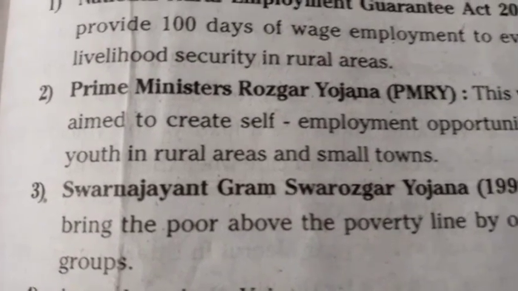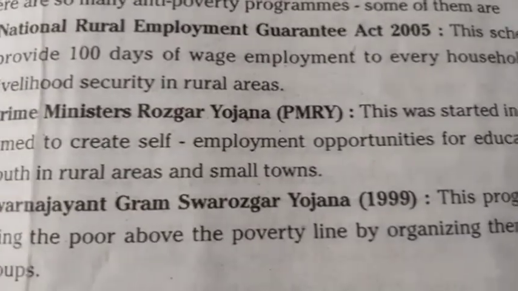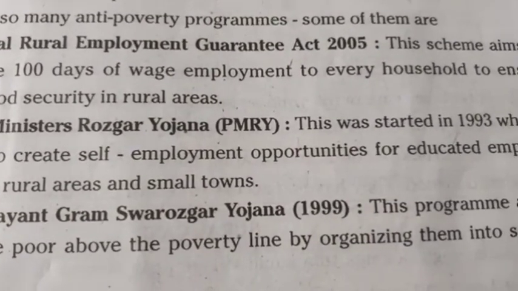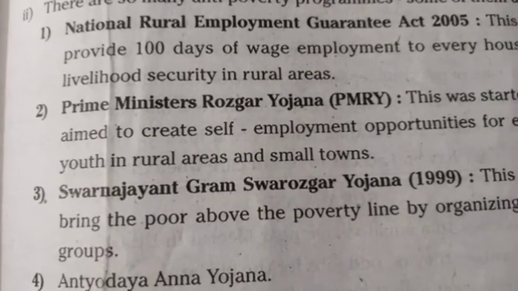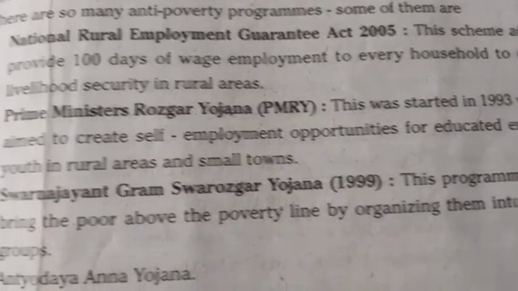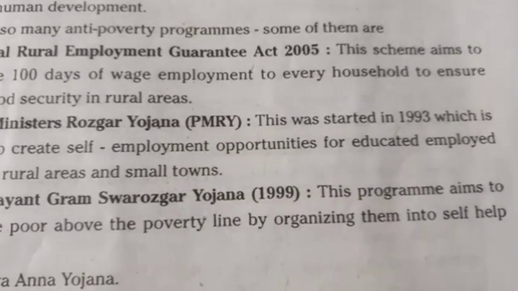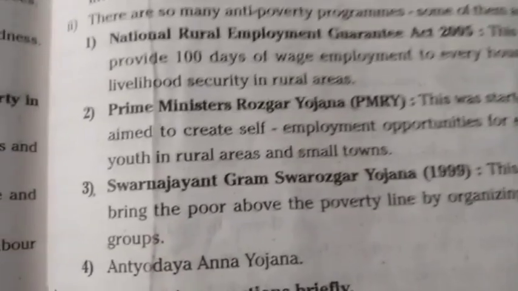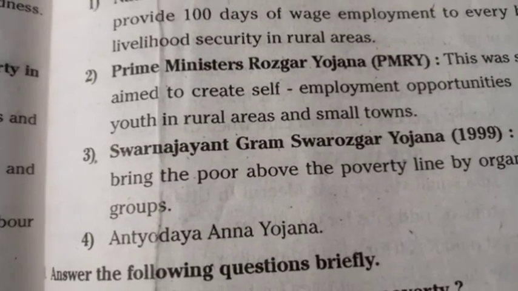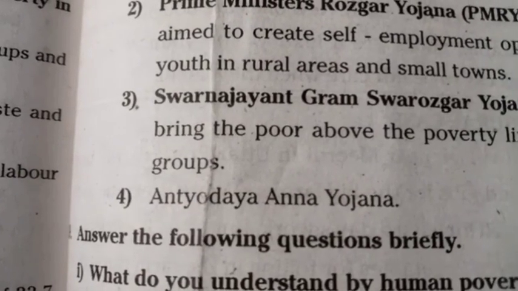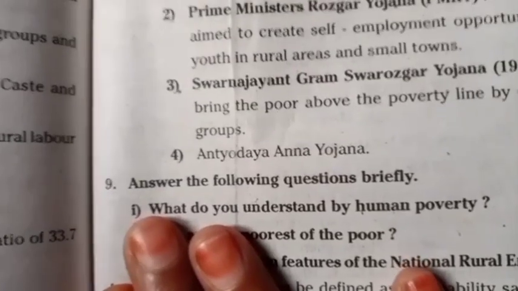Swarna Jayanti Gram Swarozgar Yojana, 1999. This program aims to bring the poor above the poverty line by organizing them into self-help groups. 4. Antyodaya Anna Yojana.